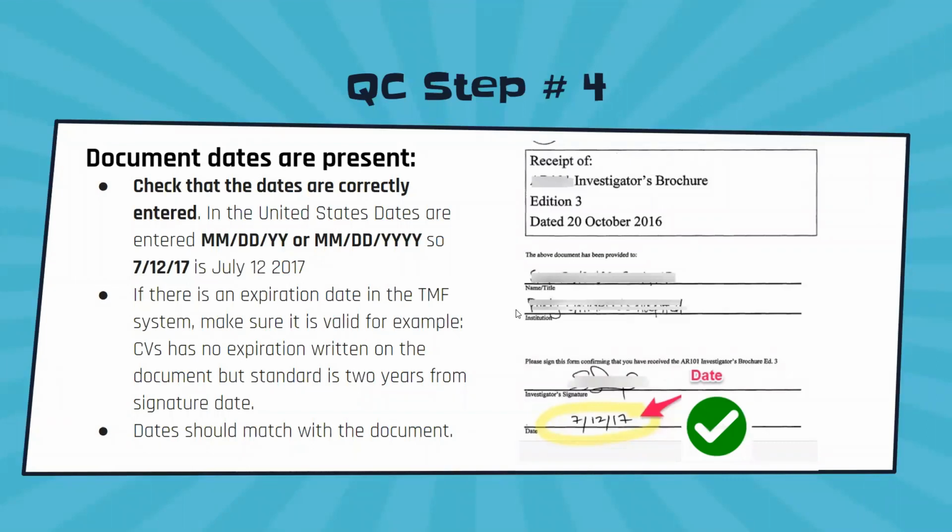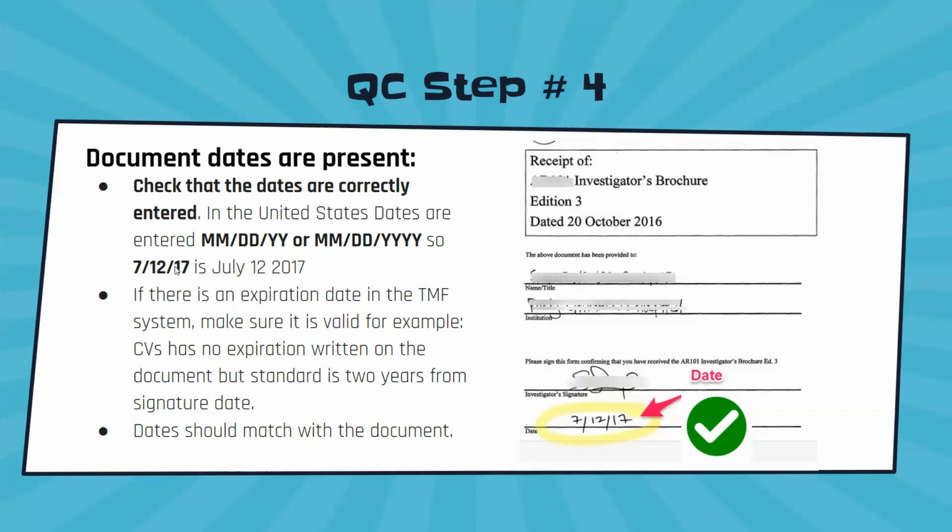Step 4, document dates are present. You want to make sure they're in the correct format per your company standards. This is one of those rules that is pretty standard, but if it's wrong, it's not as big of a deal. Because there are European studies, and there's more of a European format. So usually the best situation is where sometimes the date is written out, or what we sometimes do is put the 12 in front of the month, like 12 July 2017, just to clarify.